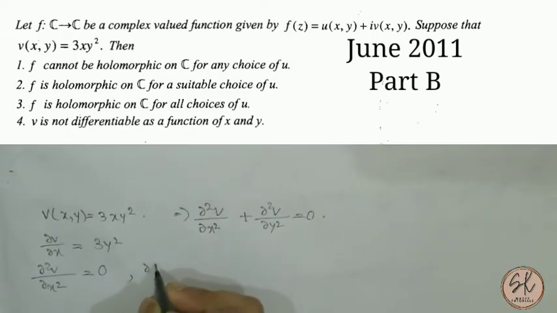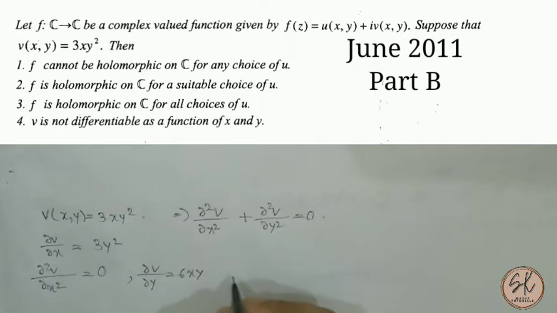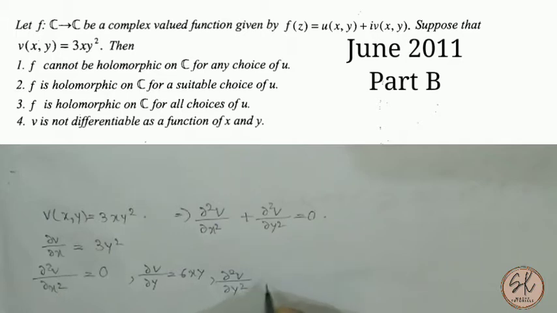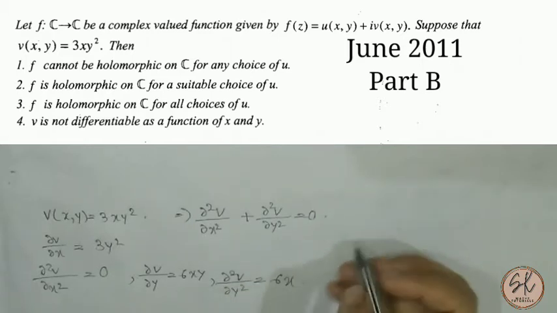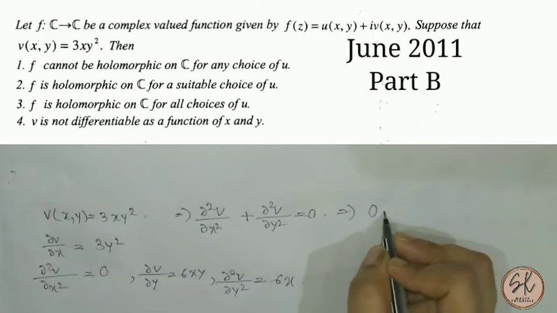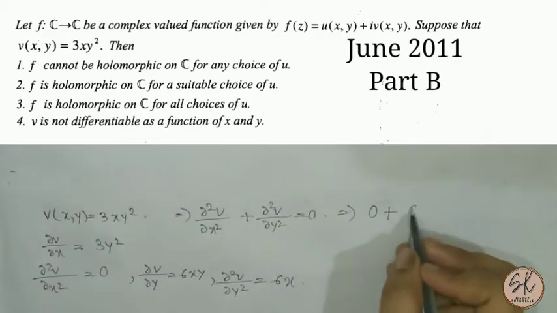Now let us find del v by del y, which is equal to 6xy, and del square v by del y square is equal to 6x. Alright, now on putting these values over here, we will get 0 plus 6x.